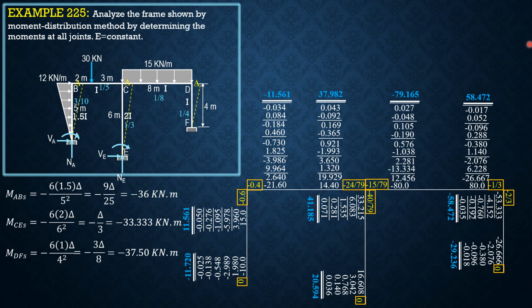So 60 times negative 20 is negative 1,200 at the right side. So this becomes 12 quantity MAB plus MBA plus 10 quantity MEC plus MCE plus 15 quantity MFD plus MDF equals negative 1,200. So let's have this as our working equation on the next slide.